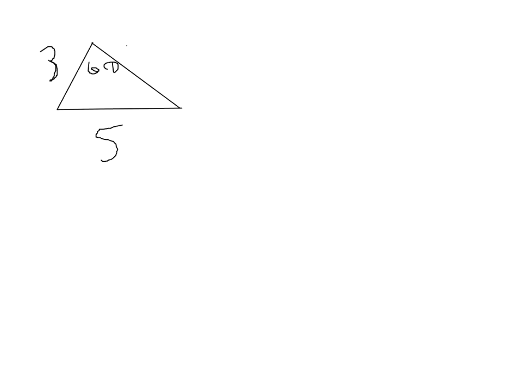Okay, here's a little different situation. We have two sides, but we don't have the angle in between. So the sides are 3 and 5, and then that angle is 60 degrees. So if I find this side here, then I could use the 1/2 AB sine gamma. So I'm going to use the law of sines.